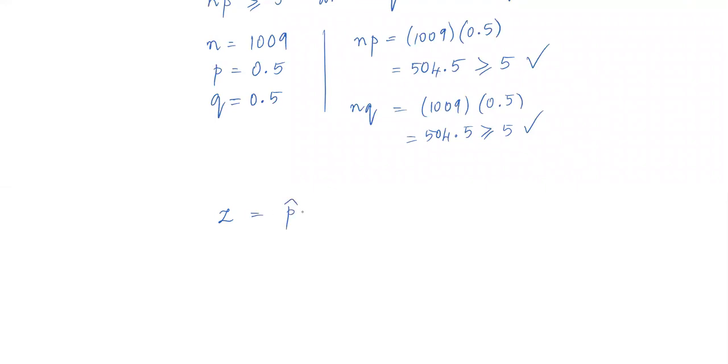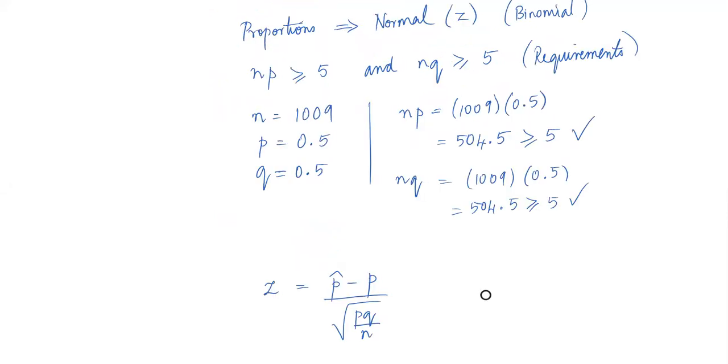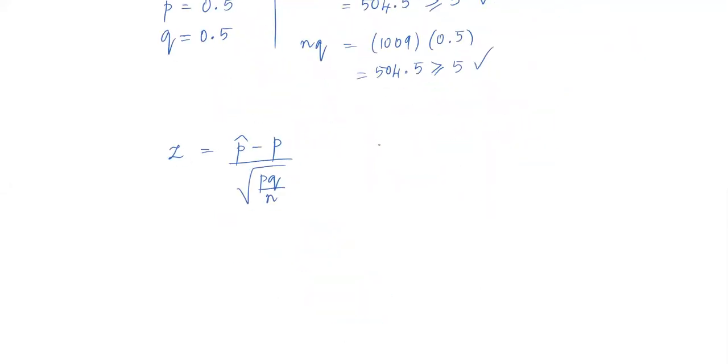Z is P hat minus P over square root of PQ over N. Okay. And collect all your values. So P hat is 0.54, or remember we did the ratio, the fraction, X over N. So that's something you can use as well.